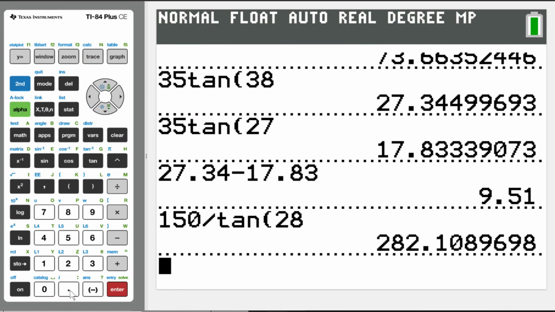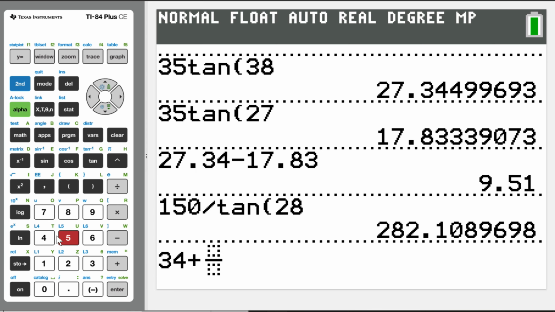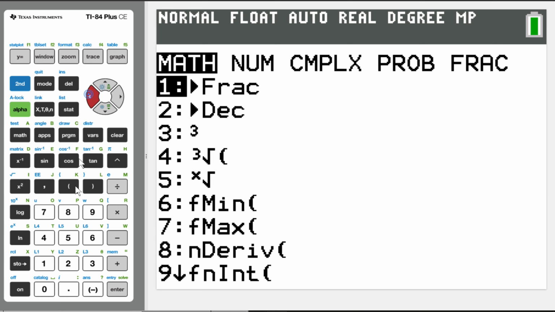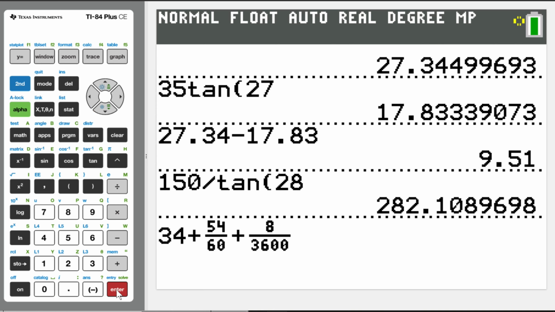Remember, the calculator will do all of this. So on my calculator, I can say 34 degrees plus 54 over 60. Here, let me make this a fraction. Let me just clear this. 34 plus, we'll do a fraction, 54 over 60, plus another fraction, 8 over 60 times 60, which is 3,600.